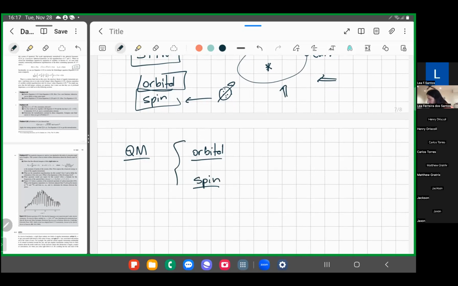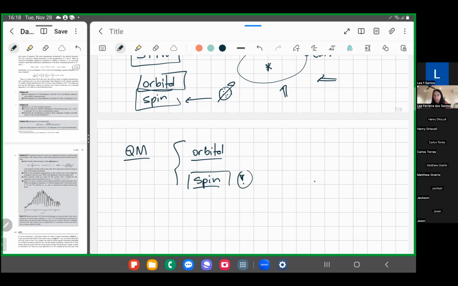The problem is trying now to understand or interpret the spin, because you cannot think about the electron turning around itself. The electron is something without structure. So what is this spin? It's not an easy thing to understand.